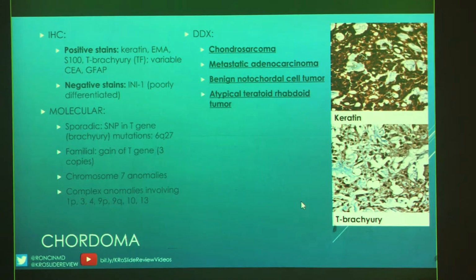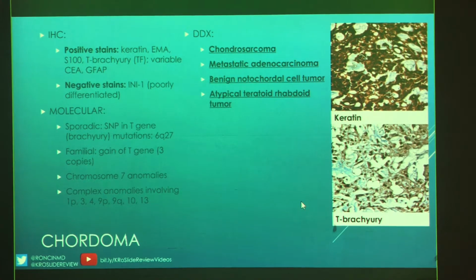So they almost run the whole gamut of molecular disarray when you're looking at that. So the big thing to know would be the T gene, whether it's a SNP or a gain, and everything else is just kind of background because it's not really specific for chordoma.